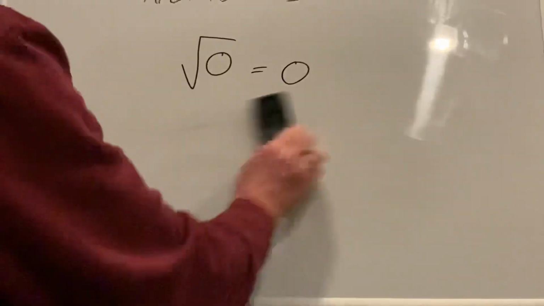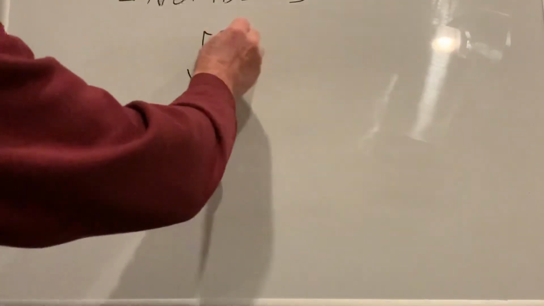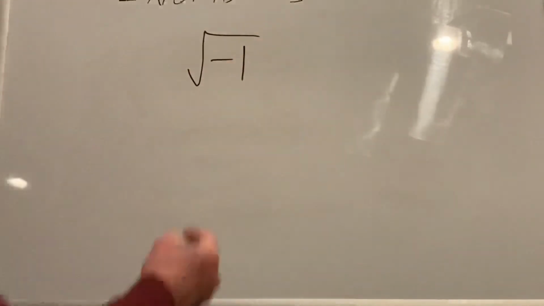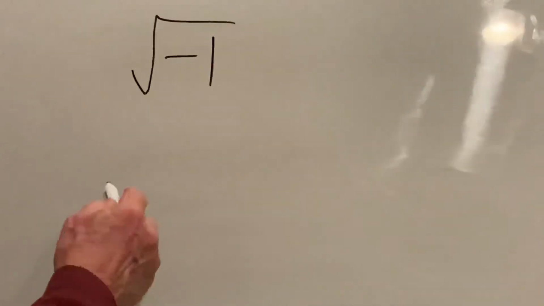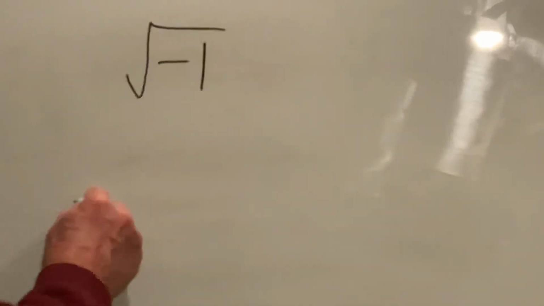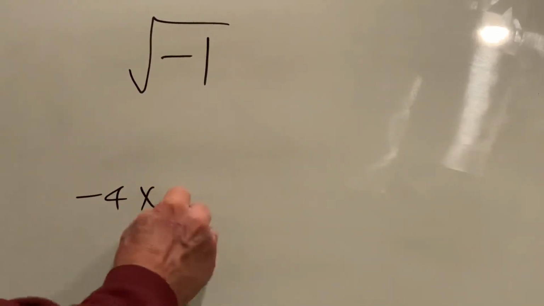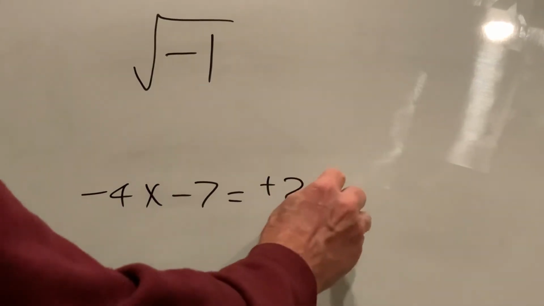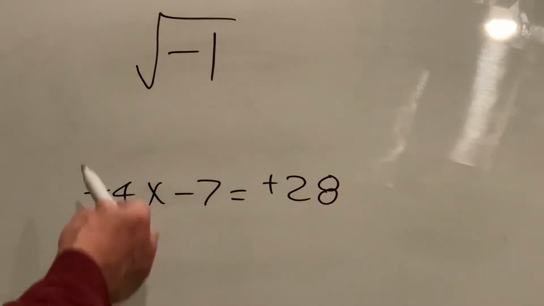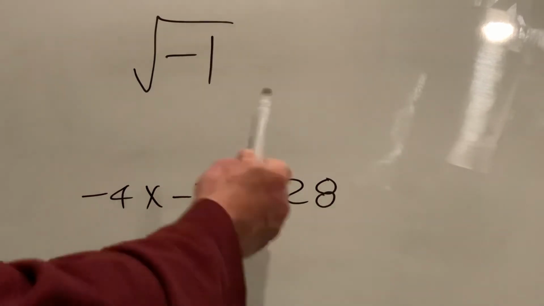Sorry, couldn't help it. Now we have one final thing which is very bizarre. What's the square root of negative 1? So you know that if you multiply two negative numbers together, say negative 4 times negative 7, you always end up with a positive number. That equals plus 28. So a negative by a negative is a positive.